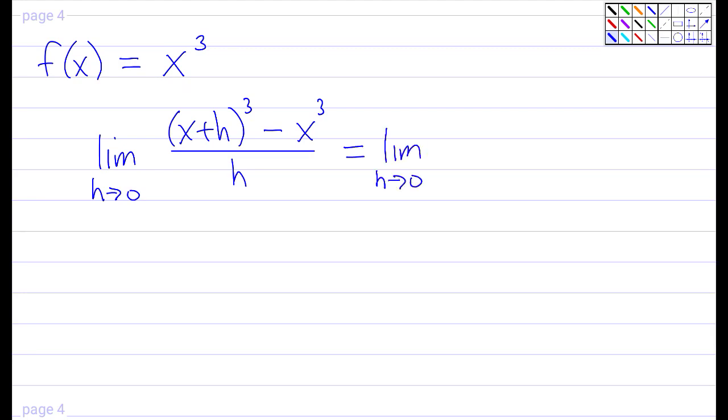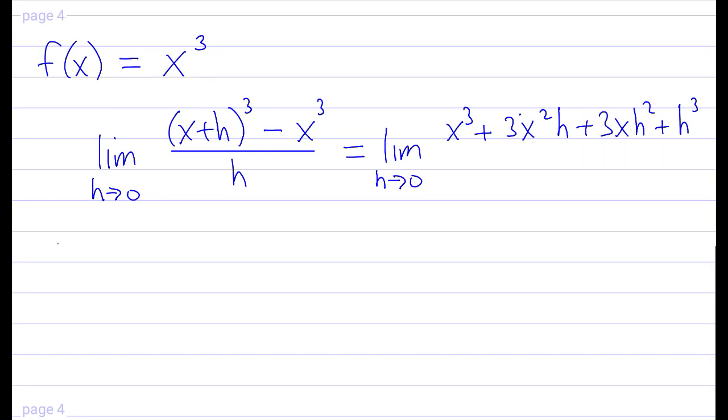You're just going to have to FOIL this out, multiply x plus h by itself 3 times, or if you remember the binomial theorem, you're going to get x cubed plus 3x squared h plus 3xh squared plus h cubed.